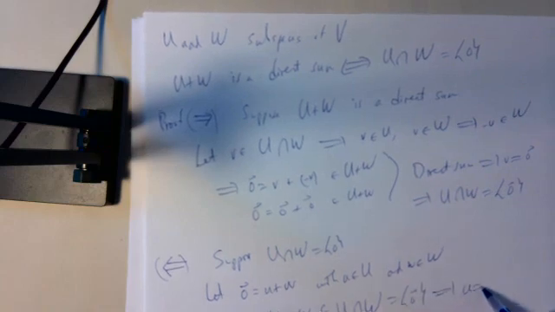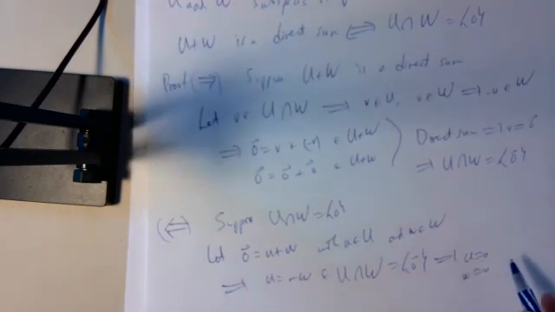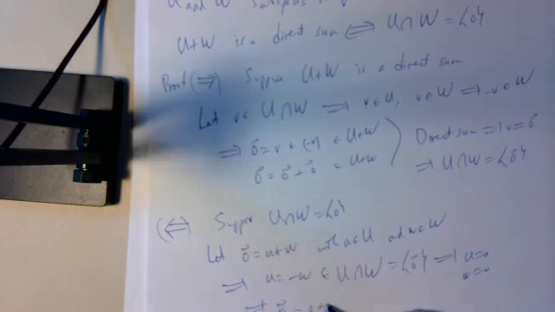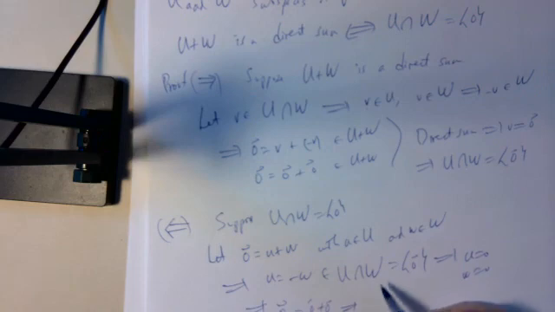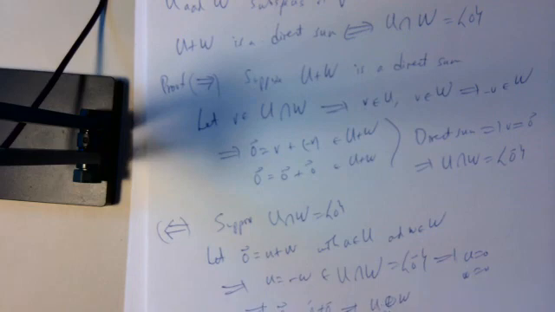So that means u is 0 and w is 0. So what we really have is the only way to write 0 as a sum of something in U and something in W is 0 plus 0, which means we have a direct sum. We proved a moment ago that a sum of subspaces is direct if there's only this representation of the 0 vector.